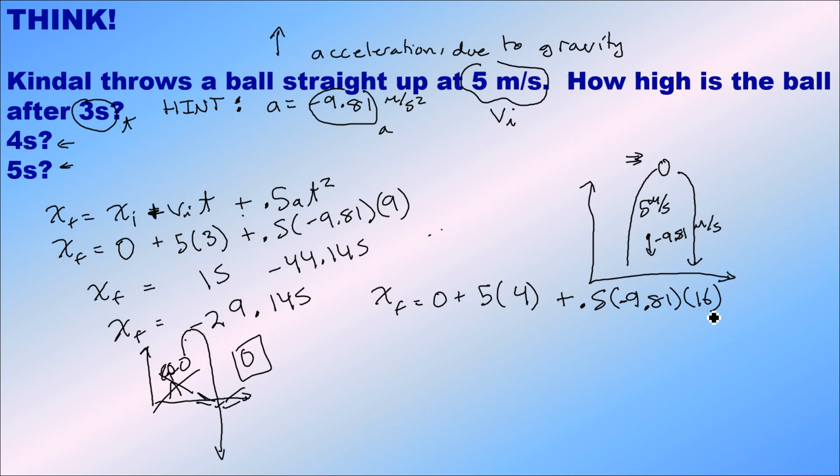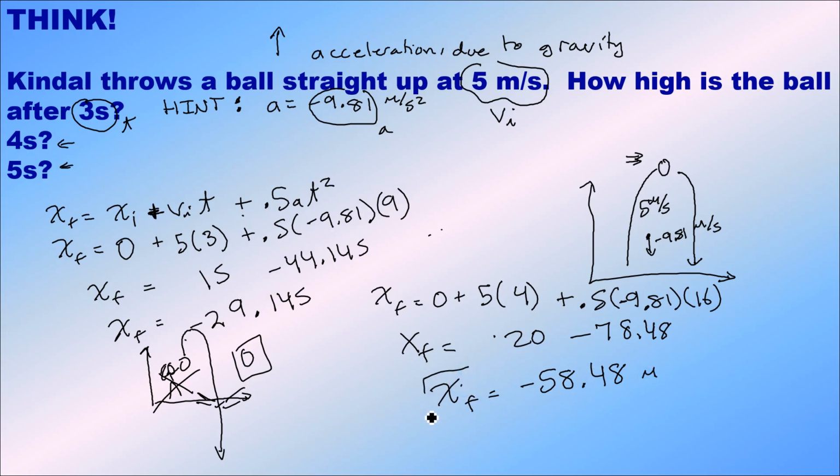So if I type in the acceleration part first, I will get minus 78.48. Right here I have 20. And then when I combine those, we get an even worse crater of negative 58.48 meters.